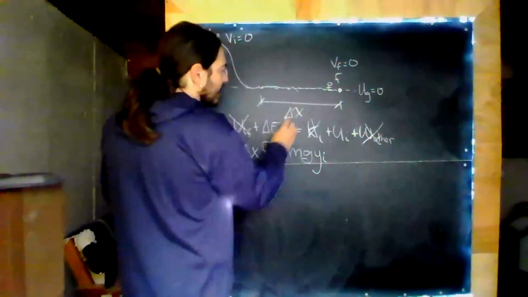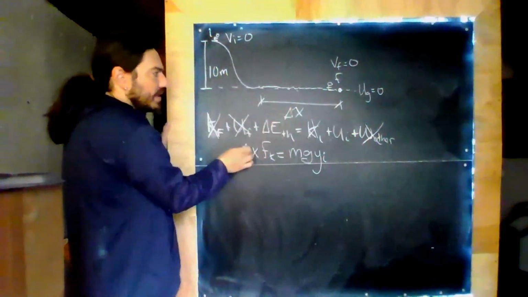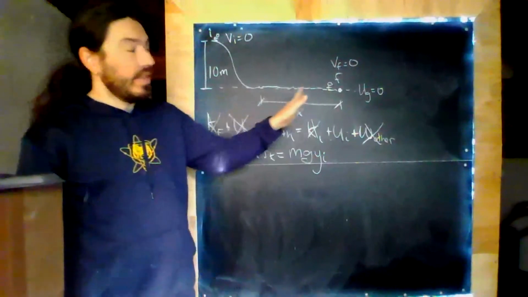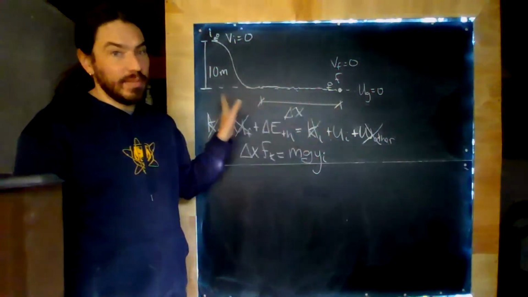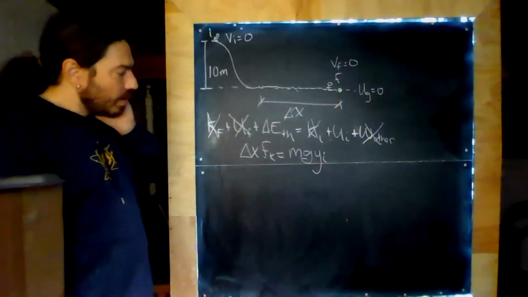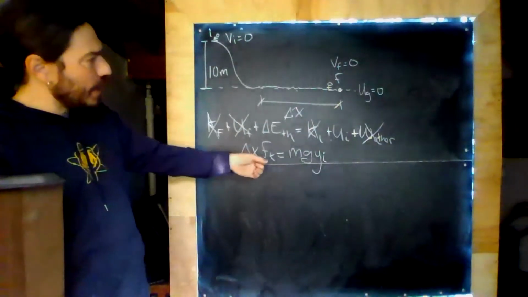This delta x is what we're looking for, right? These are the same delta x, because this is the part of the motion that has friction. Okay, F sub k.